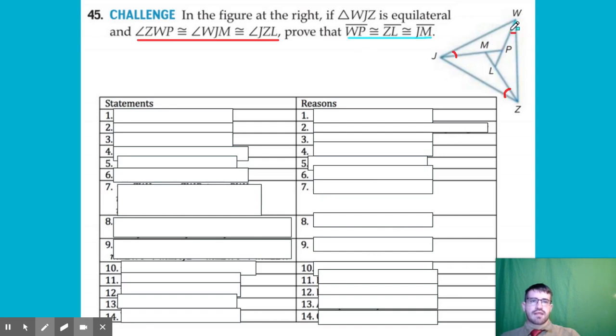So we're looking to prove that this is congruent. We're trying to show WP, ZL, and JM are congruent.